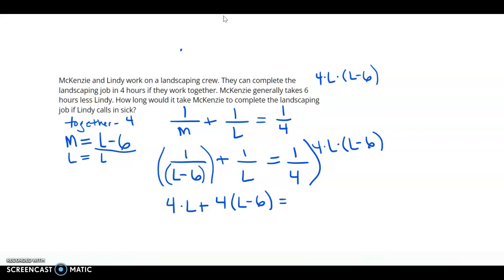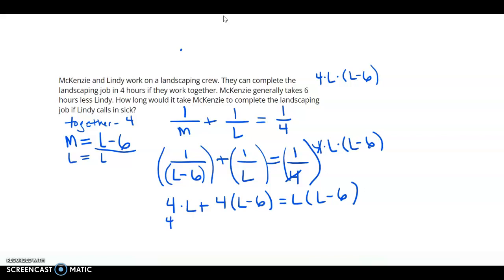The third one doesn't have L and L minus 6 in the denominator, so that's what I'm going to write there. If that's too confusing, you can write it for each term and then just cancel. So 4 and 4 cancel, and we're left with L times L minus 6. Either way works.